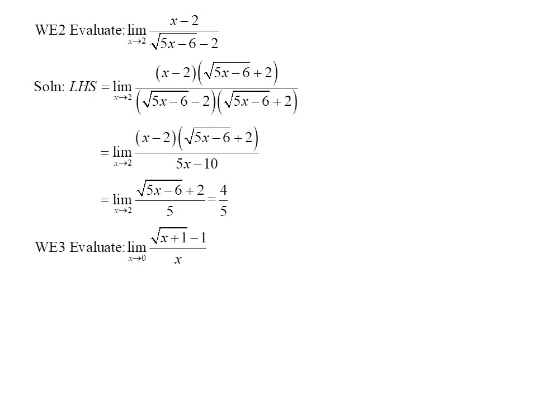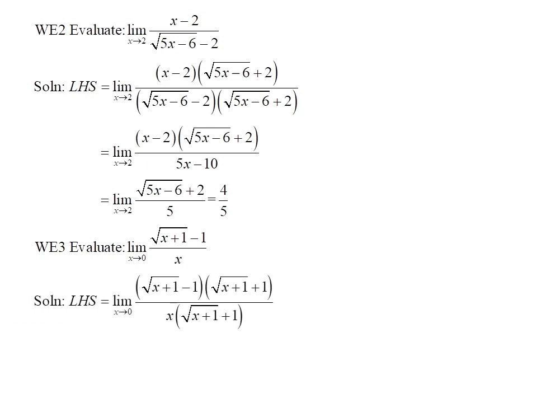Example 3 is to evaluate the limit of (the square root of x plus 1, subtracted by 1) all over x as x approaches 0. Since we cannot directly substitute x by 0 in the expression, we can do a bit of algebraic transformation by multiplying both numerator and denominator by the sum of the square root of x plus 1 and 1.